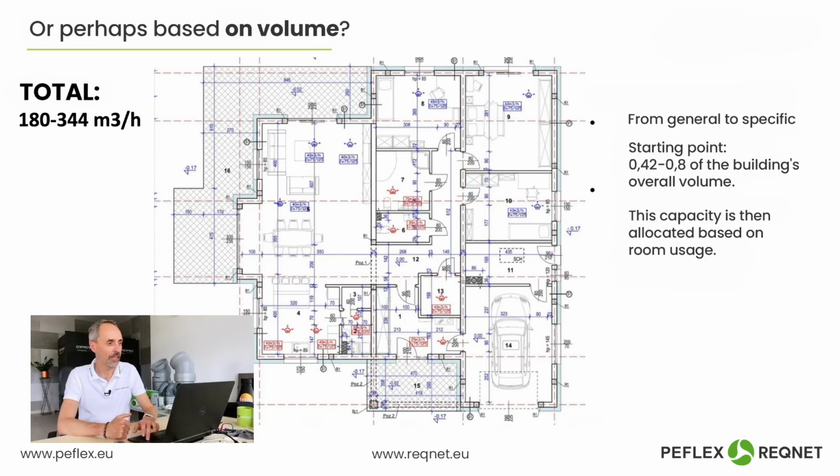And the third method, right? Which is also possible, but let's treat it as a quick engineering method, just to estimate the size of the ventilation airflow, that is, based on the room volume. The Polish standard includes a provision regarding the exchange of at least one air volume per hour in a given room, one room volume.